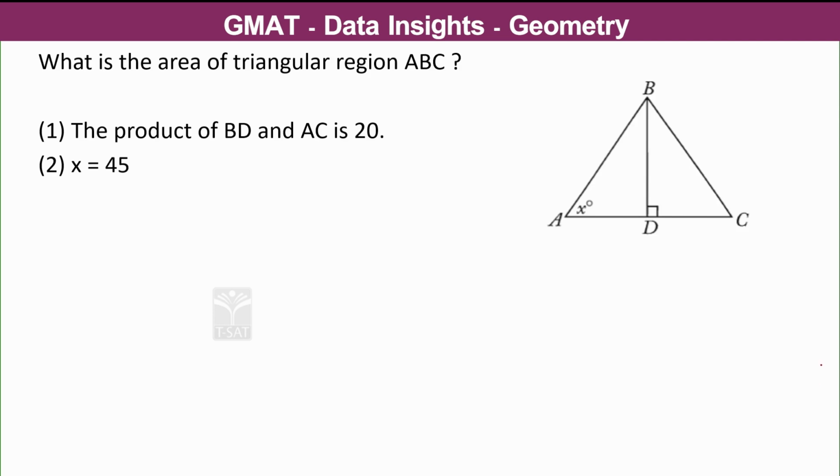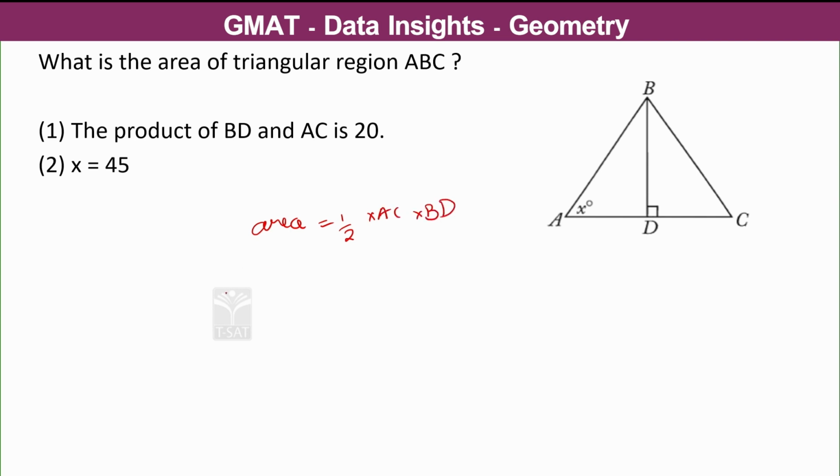Let's look at the first question. What is the area of the triangular region ABC? You're given a triangle ABC and they're asking what is the area of the triangle. Area we know is half base into height. Here base is AC and height is BD.